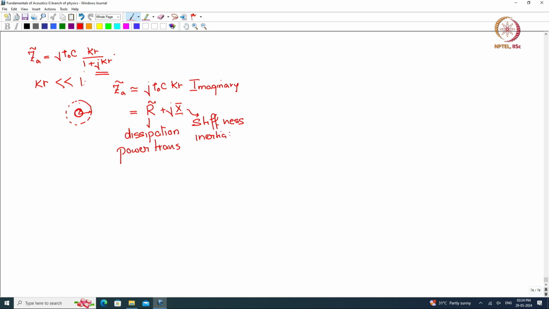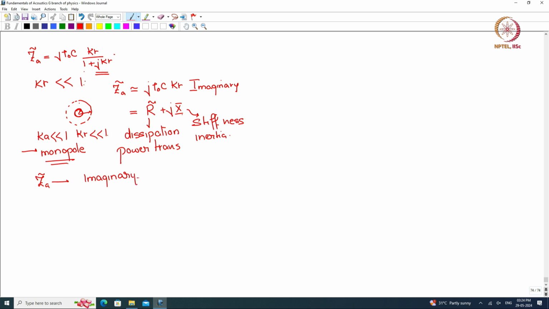Now with Ka being small, Kr can also be very small, which means we are actually in the monopole regime. What happens is that the impedance looks imaginary, dominantly imaginary.